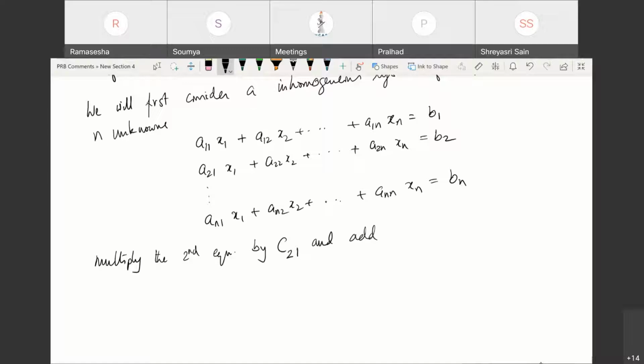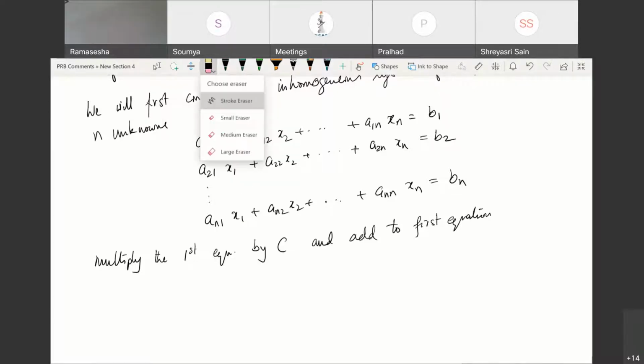So what I get, just a minute. The first step is the following, not multiply the second equation, multiply the first equation by C11, okay, and there's no need to add anything. So what I'll get is the following.